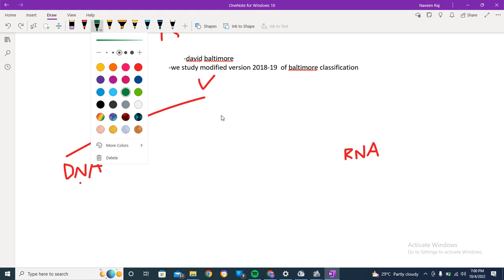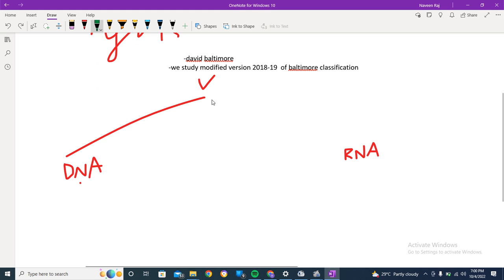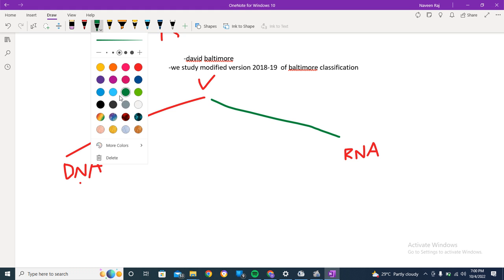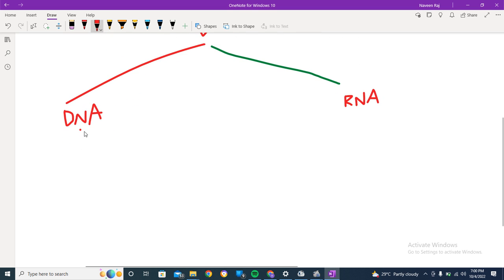First of all, looking into the DNA classification. Do remember that this is just an overview; we'll look into each of them in depth as well. In the DNA classification, we have two further types: single stranded and double stranded. That is a simple classification, where some are single stranded and some are double stranded.